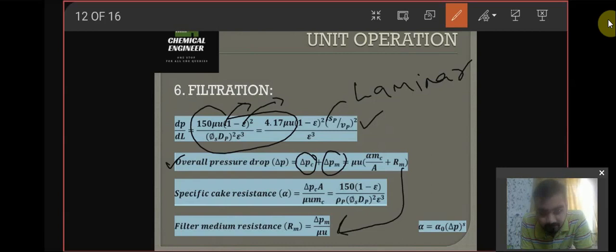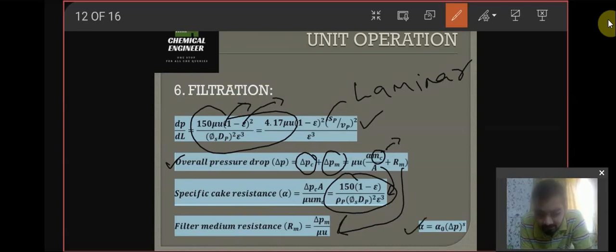Mu is the viscosity, and mc is the mass of the cake. Alpha is the specific cake resistance, given as delta p a divided by mu vm. This is how you should remember all those formulas. No need to derive them, you should remember them directly.